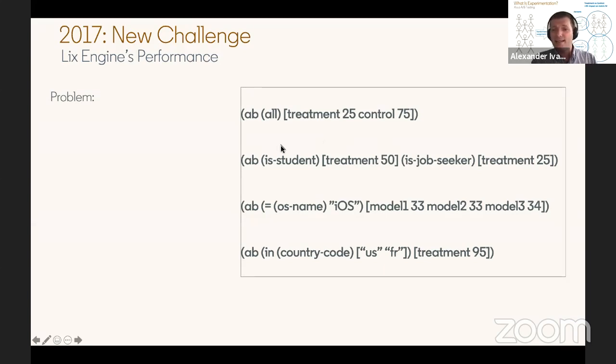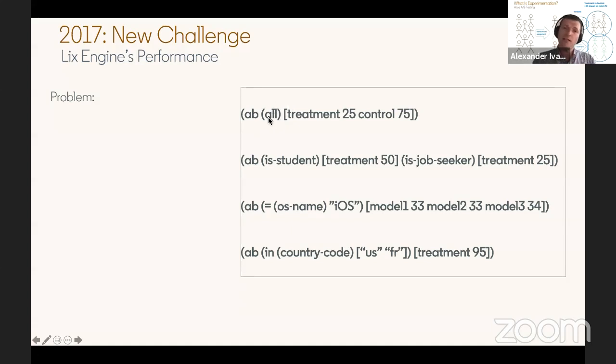It takes an experimentation domain-specific language, and there are 4 different programs written in the experimentation DSL here with the following structure. There's a keyword ID that opens all the code, and then there are pairs of targeting conditions and variant assignment configurations.